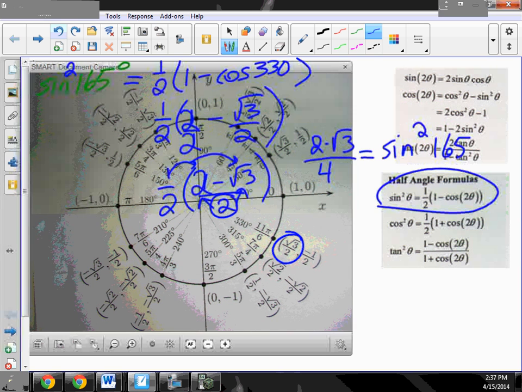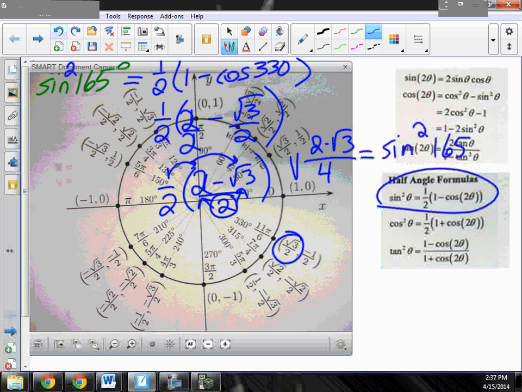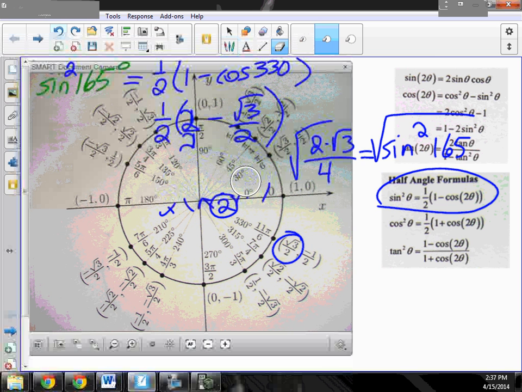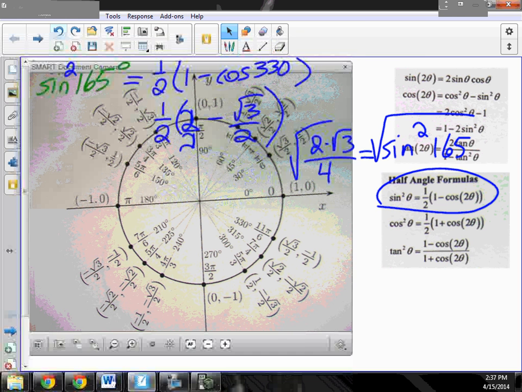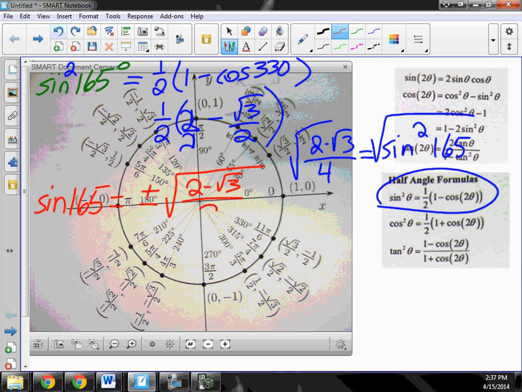Yes? So how do I find the sine of 165? Take the square root. So I'm going to square root, and I'm going to square root. So the sine of 165 equals plus or minus the square root of 2 minus root 3 over 4.